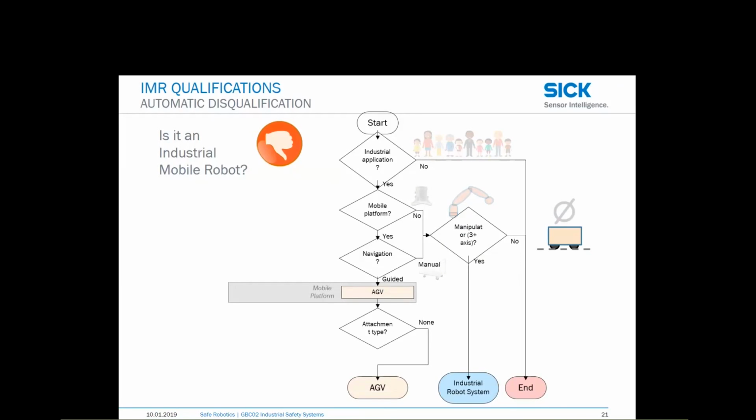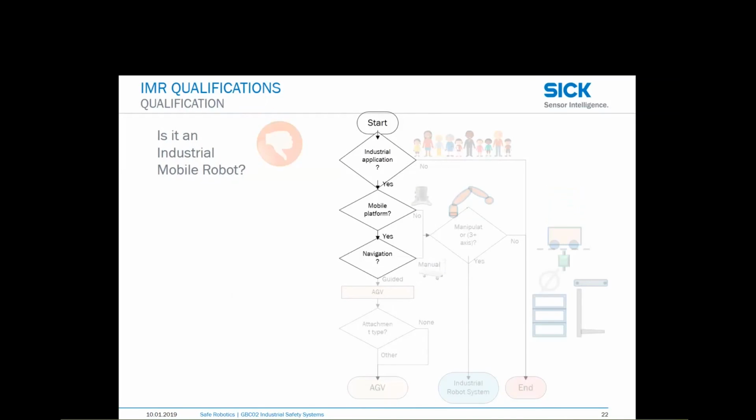So it is a guided vehicle. We have a standard for that. We know that's the B56.5, so we're covered. If it has some other type of attachment as well, regardless of the attachment, if it's still guided, it's still AGV.